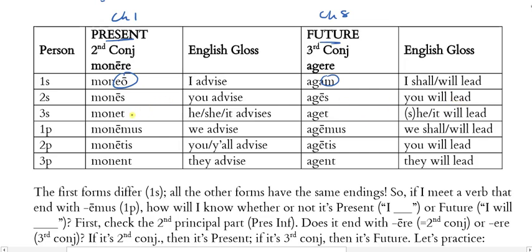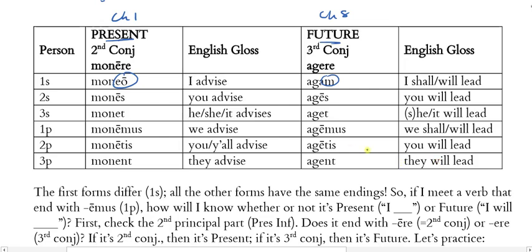Monet, he advises; aget, he will lead. Monemus, we advise; agemus, we will, shall lead. Monetis, you or y'all advise; agetis, you will lead. And monent, they advise; agent, they will lead.